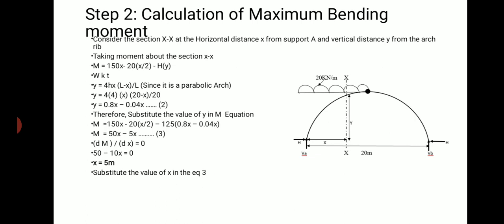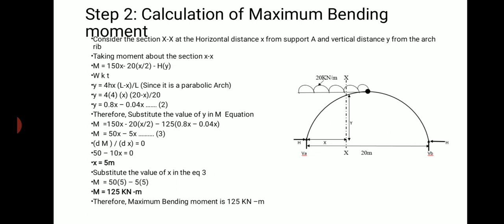If I substitute the x value as 5 meters in the Mxx expression, that is Mxx equal to 50x minus 5x square, equation 3, I'll get 50 into 5 minus 5 into 5 square. So I will get the value of the maximum bending moment, that is 125 kilonewton meter. Therefore the maximum bending moment will be 125 kilonewton meter.